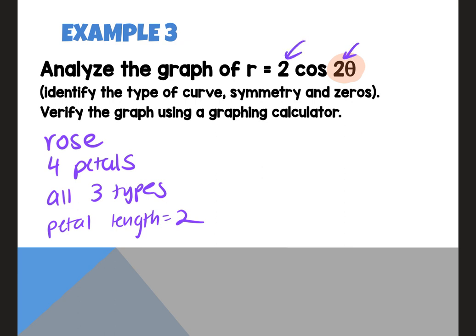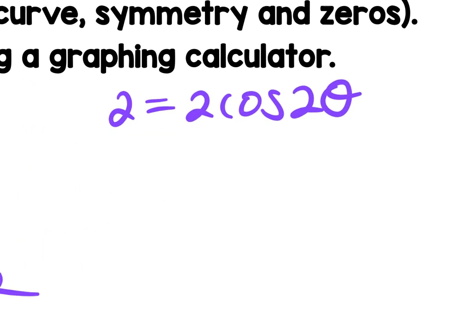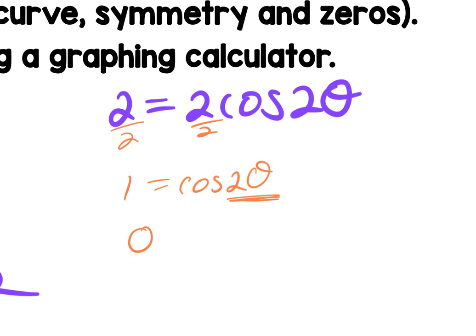That determines that. So the first thing I'm going to do is say, okay, if the petal length is 2, let's find where one of those petals is. So set it equal to the petal length. I would divide both sides by 2. 1 equals cosine 2 theta. Where's cosine 1? 0. But this is a multiple angle. You remember these?